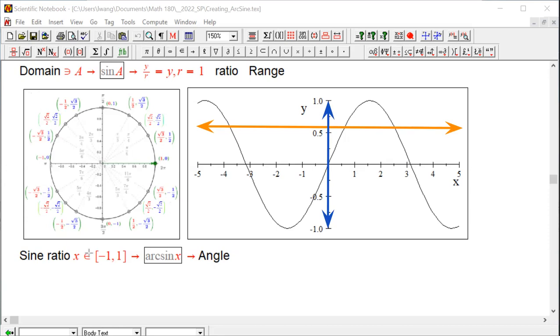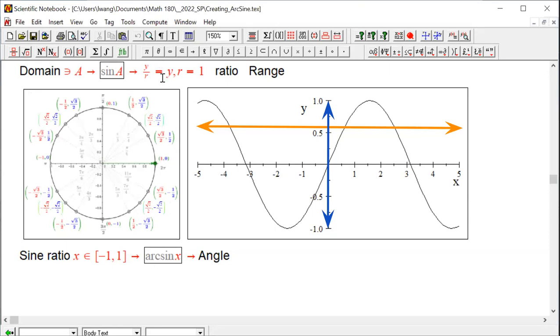Now, if we work with the arc, the input for ArcSine can only be between -1 to +1, because it just reverses the relationship, right? So the output becomes input, but the angles, for example, the relationship is not 1-to-1, therefore we have to do something to make it 1-to-1.